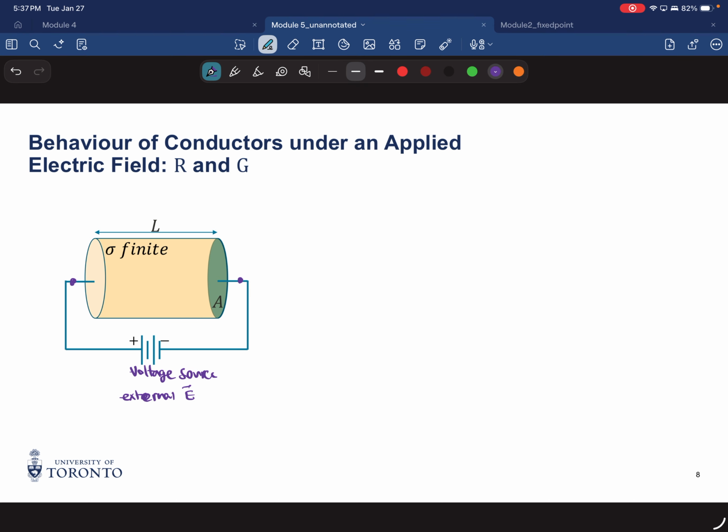Which direction is the electric field here? This is the positive voltage, this is the negative. The electric field goes in the direction of reducing the voltage. So it's as if we have an E external in this direction. Now, again, because it's a conductor, we still have electrons moving. You would still have some charges here and the positive ones on this side.